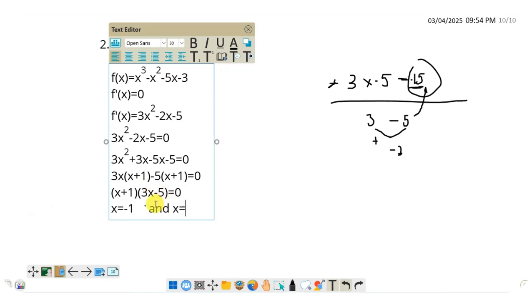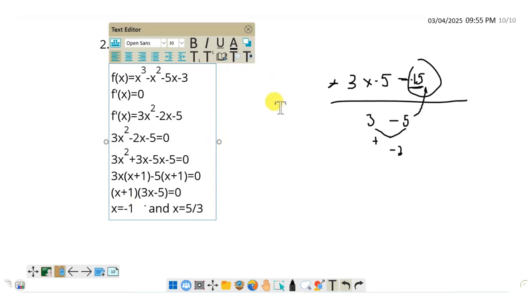I'm sure you can see that. 5 divided by 3, okay.